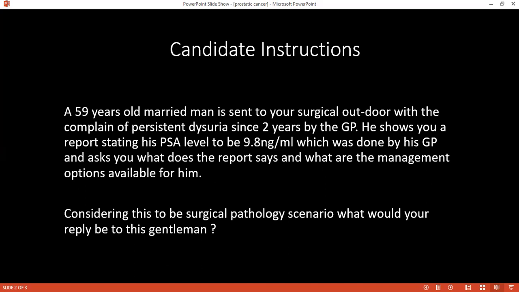Okay, can you please tell me what is the grading system which is used to describe or classify the prostatic carcinoma? We have the Gleason grading system. From 1 to 10, and we have 5 levels of the tissue, from well differentiated to poorly differentiated.